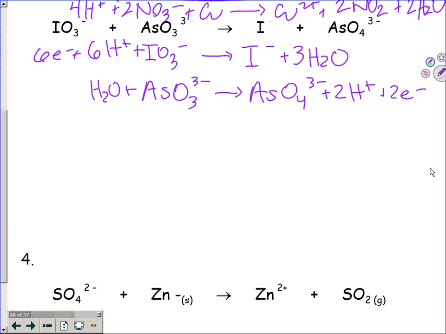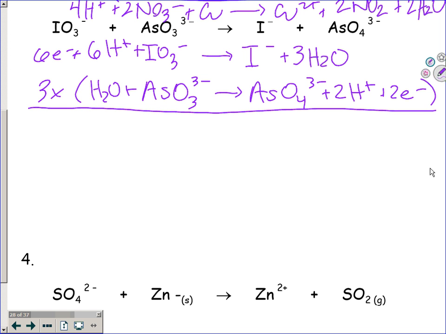I've got to just now balance what? The bottom half reaction by multiplying by 3 to give an overall 6 electron exchange to the redox process. So here, I'm going to pull everything down for the moment, except for the electrons, because the electrons are gone, because those will already naturally balance out.